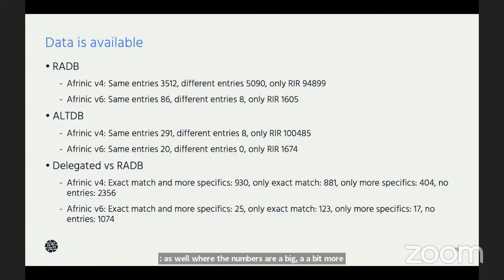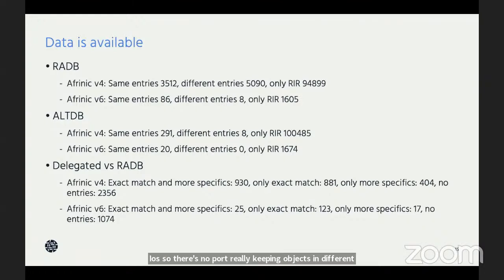The idea really is that Afrinic, with the help of their members, can start doing some sanity checks and some data cleaning. You know that the Afrinic RIO is already mirrored by different IRRs, so there's no point in keeping objects in different IRRs.